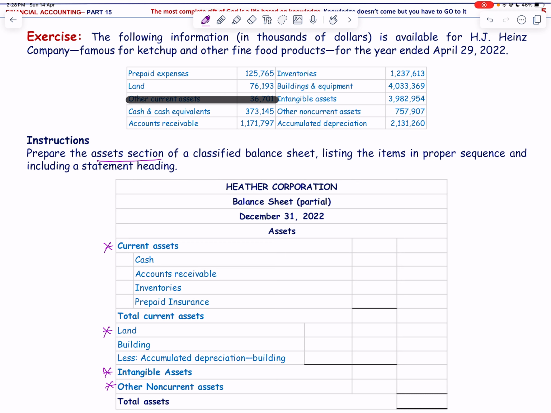We have cash and cash equivalents, that is 373,145. Then we have accounts receivable 1,171,797. Then we have inventories 1,237,613. Then we have prepaid expenses or insurance of 1,125,765, and the total is 2,908,320.